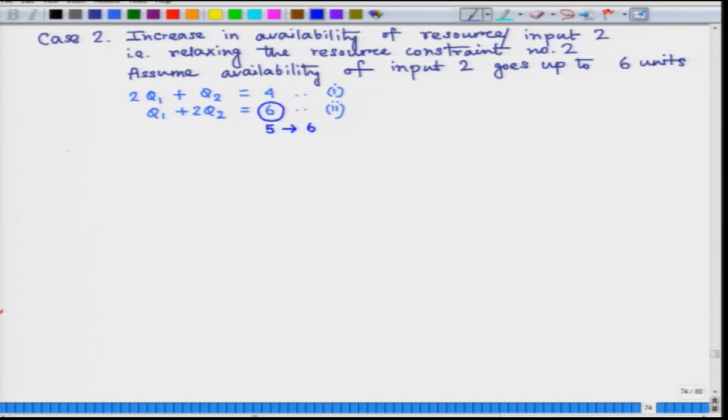So, let me quickly jot down the solution. I do not want to spend a lot of time to solve this. We have already seen how to solve. So, I can quickly write down the solutions.